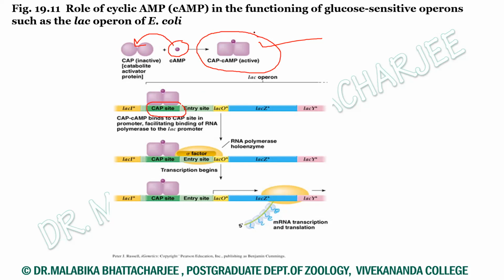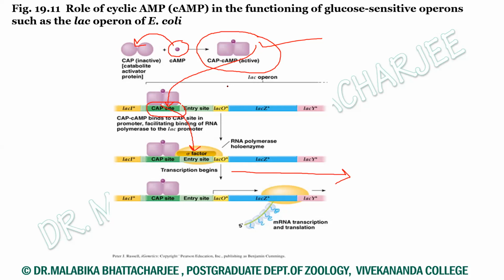This is a site present in the promoter region of the Lac operon. So the moment we have an active CAP-cAMP complex, which is possible only when glucose has almost been exhausted, the CAP-cAMP complex binds at the CAP site. The binding of the CAP-cAMP complex facilitates the polymerase to bind to the entry site of the promoter element of the Lac operon and start transcribing the mRNA.